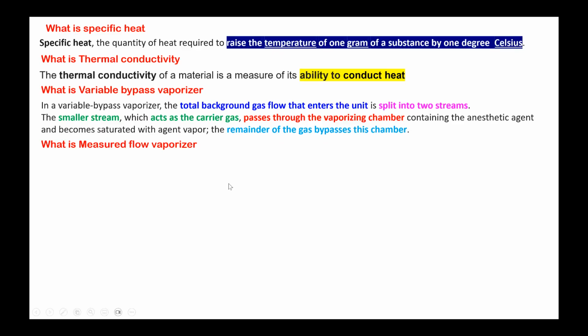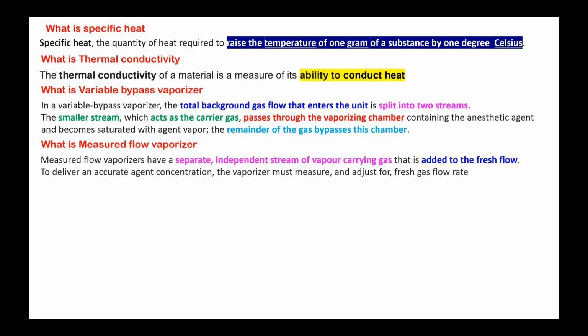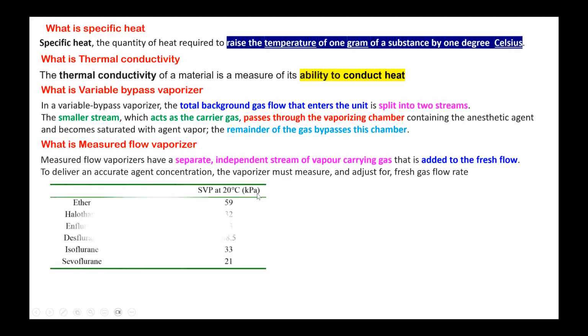Which vaporizer is working like that in the modern day? Desflurane. Measured flow vaporizers have a separate independent stream of vapor carrying gas that is added to the fresh flow to deliver an accurate agent concentration. The vaporizer must measure and adjust for the fresh gas flow rate.